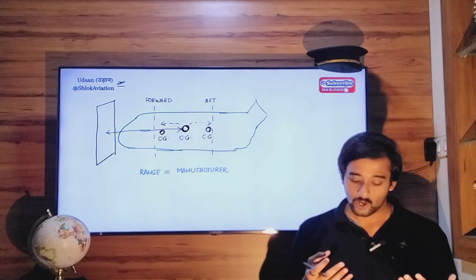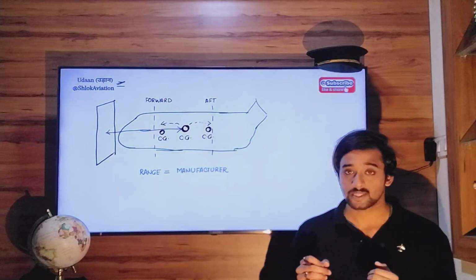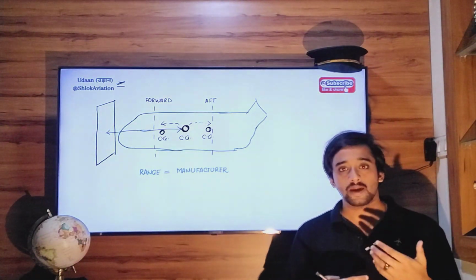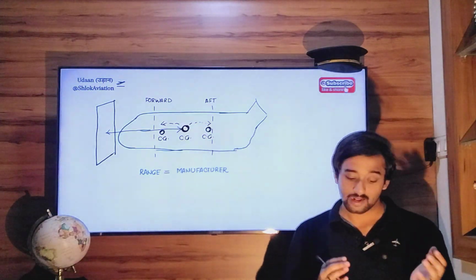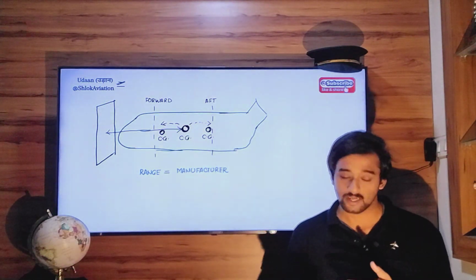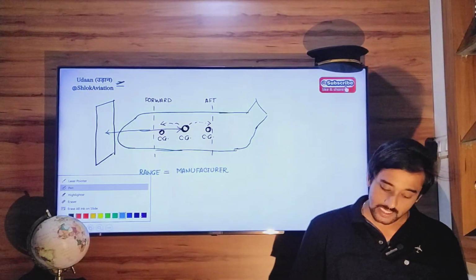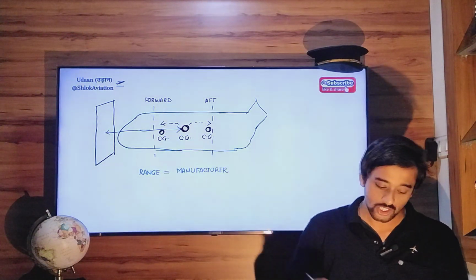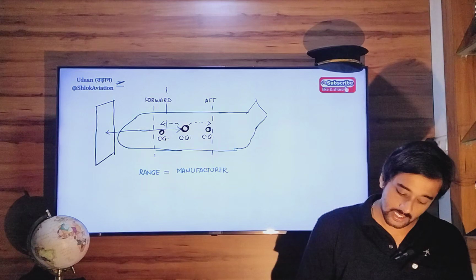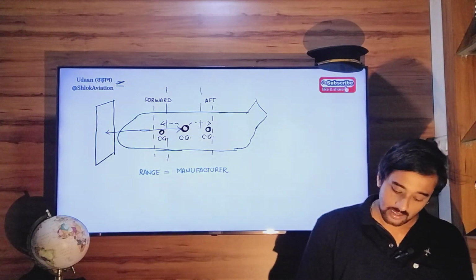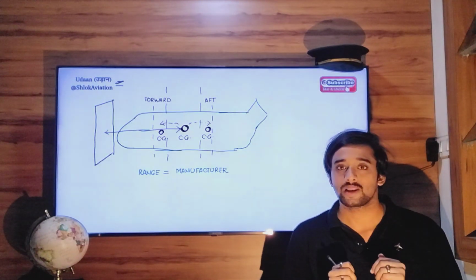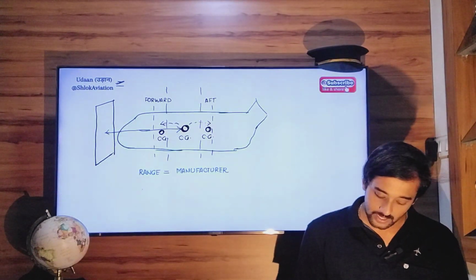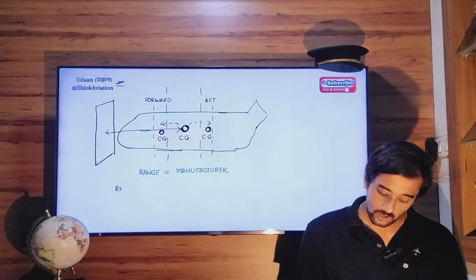So, if the manufacturer specifies a center of gravity range which looks like this, the operator may restrict the range further. The operator may say that instead of having this long center of gravity range, let's narrow down this range to a new limit. Okay, so this decision can be made by the operator of your aircraft.